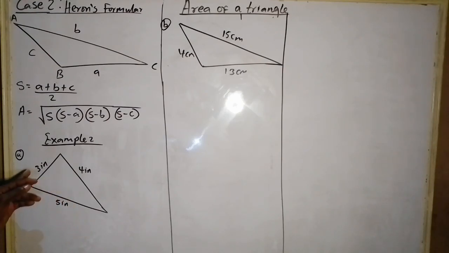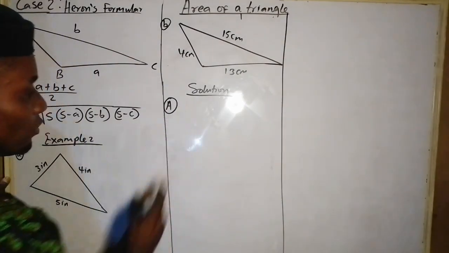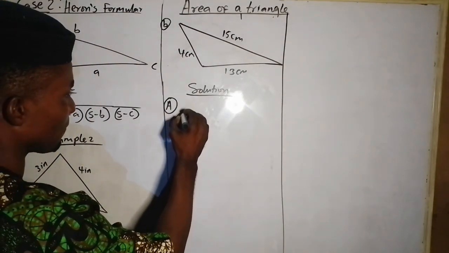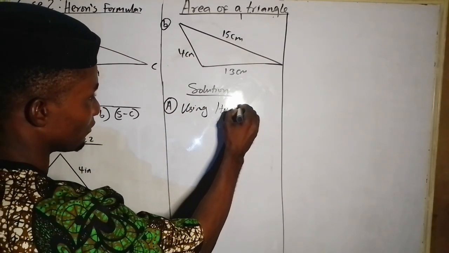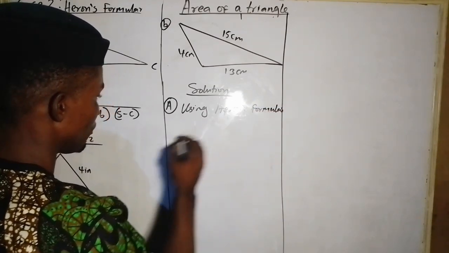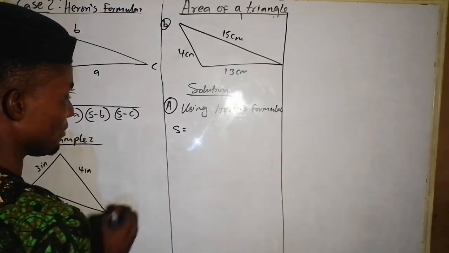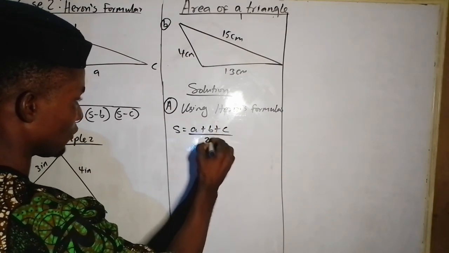We are given the sides 3, 4, and 5 inches. Now, let's find the what? The area. To find the area, using Heron's formula, the semi-perimeter equals A plus B plus C over 2.